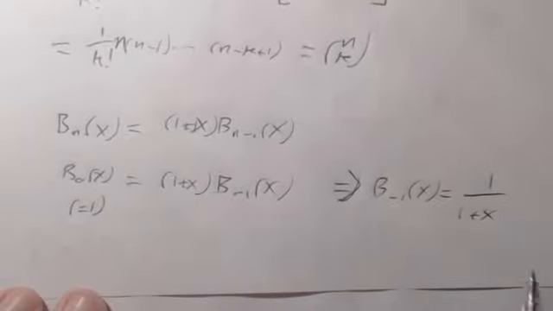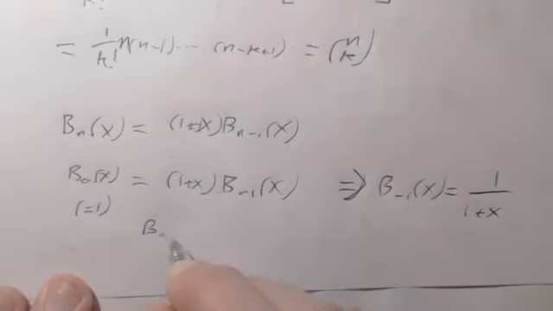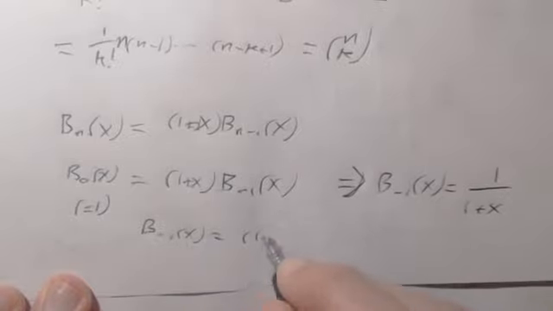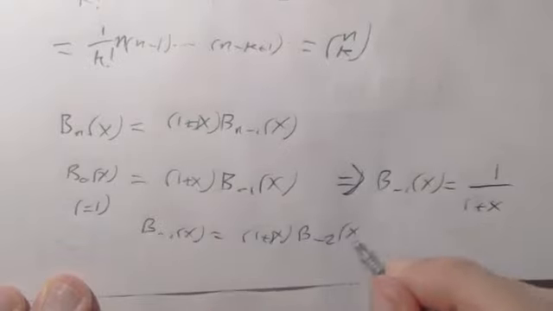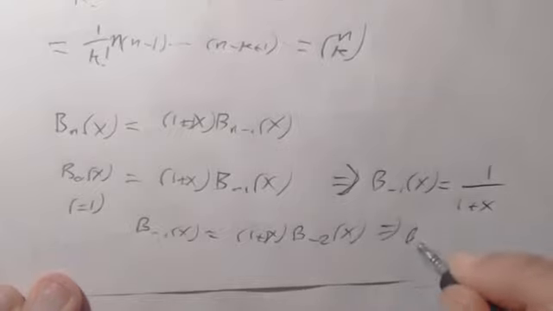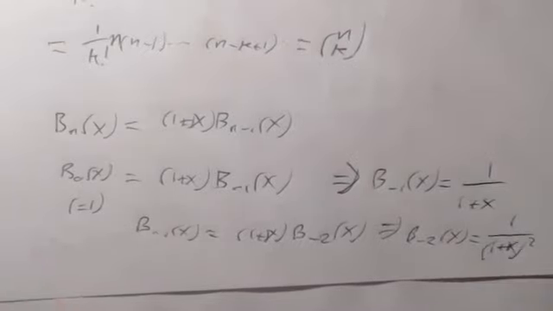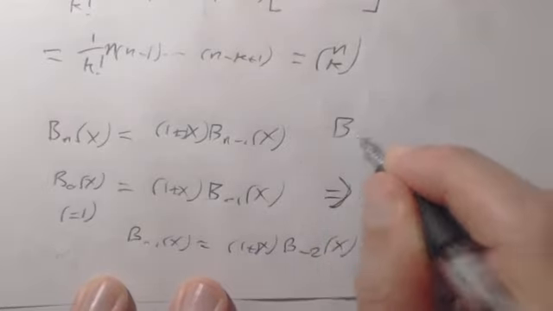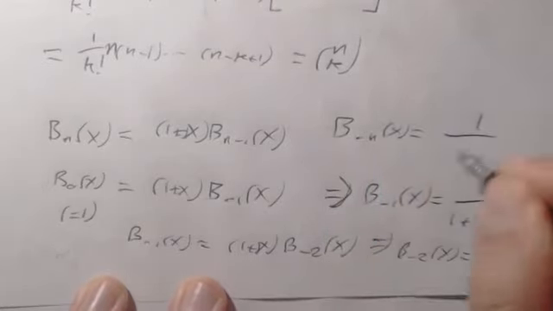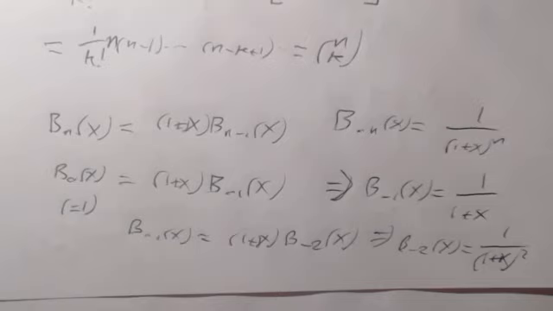And continuing this, if you let n equals minus 1 here, you'd have B_{-1}(x) equals 1 plus x B_{-1-1}(x), which is B_{-2}(x). This implies that B_{-2}(x) equals 1 over (1 plus x) squared, and continuing like that, you would get that B_{-n}(x) is equal to 1 over (1 plus x) to the n, n a non-negative integer. And that follows by easy induction.